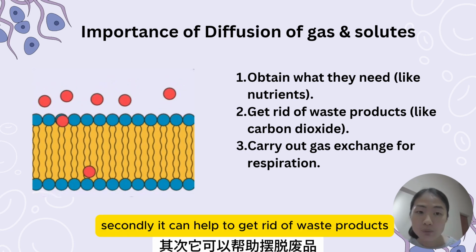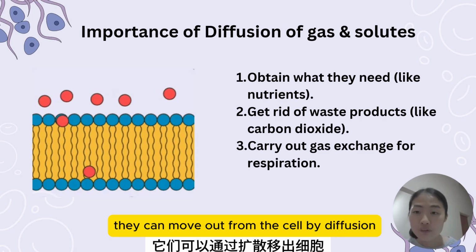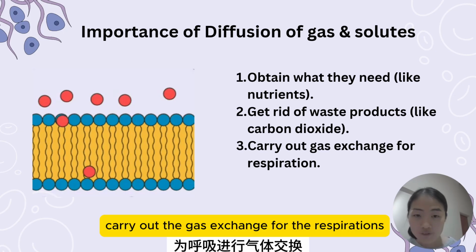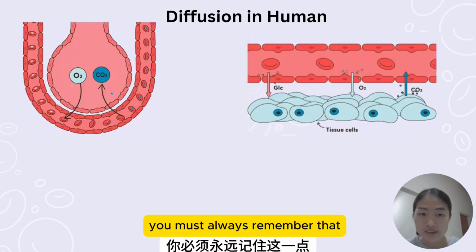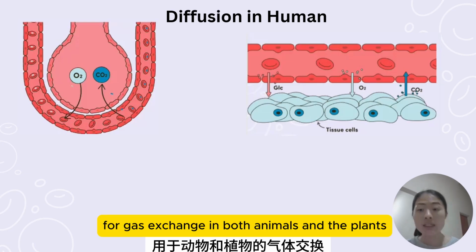Secondly, it helps to get rid of waste products like carbon dioxide. Waste products can move out from the cell by diffusion. Thirdly, it helps to carry out gas exchange for respiration. You must always remember that diffusion is very important for gas exchange in both animals and plants.